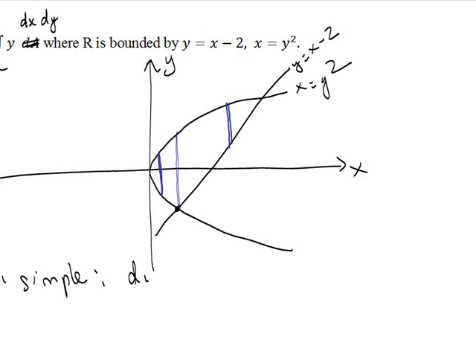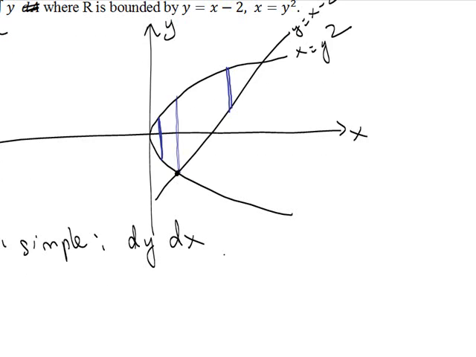So we want dy dx. In other words, we want the x limits, right? So what are the x limits? So you need to substitute. You can solve for y if you want to, but I just solve for x right away.